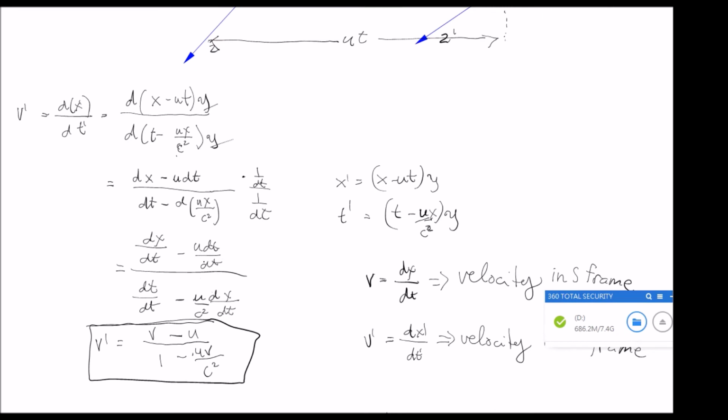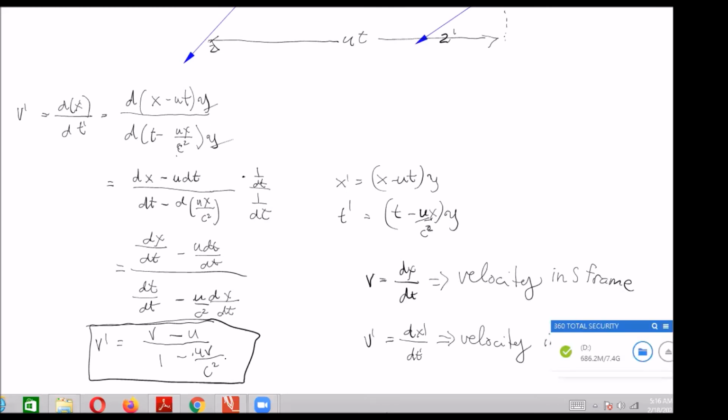So that's why we have u here. And then dt times 1 over dt, that's dt over dt, and minus u dx over c squared times 1 over dt. Then we have u dx over dt per c squared. So we can cancel dt here, and what is left is u, and dx over dt again is the velocity in the S frame. So we have uv over c squared in this part. And this part, dt over dt, is equal to 1.